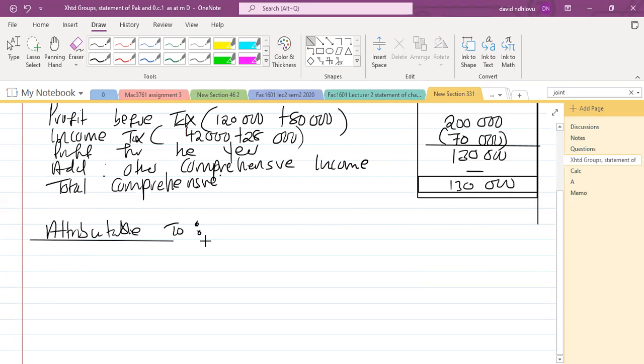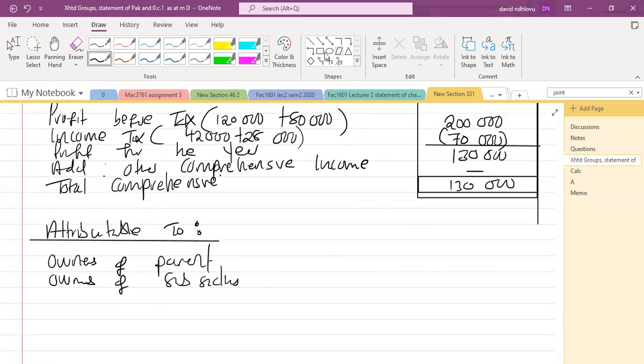Then you say owners of the parent, then owners of the subsidiary. Remember you want to share that whole profit. You have already combined the parent and the subsidiary in 100% terms. So now you want to subdivide. The subdivision is very easy.